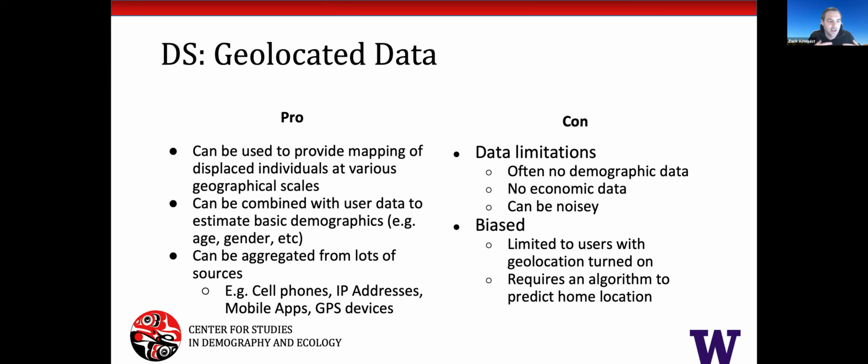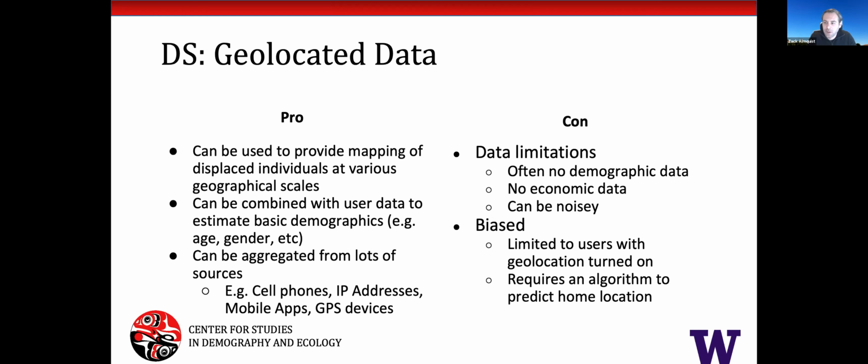It can be used to provide a general mapping of where individuals are going. If you're lucky, it can combine with other data to get a sense of basic demographics, and you can aggregate it over a ton of different data sources that generate geolocated data: cell phones, IP address, mobile apps, GPS devices, etc. The con is oftentimes you don't have any demographic data. You almost never have economic data. The data can be very noisy. There can be lots of duplicates.